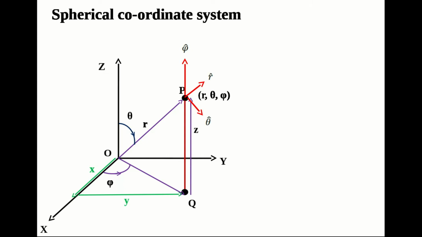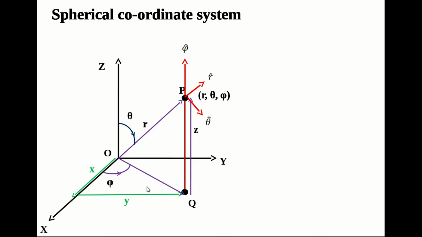Now let us look at the range of r, theta and phi. We can see that r can increase from 0 to plus infinity. Theta, as we go from plus z-axis to minus z-axis, increases from 0 to pi, that is 0 to 180 degrees, which corresponds to a half circle.